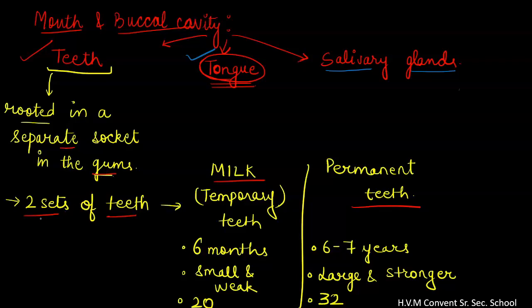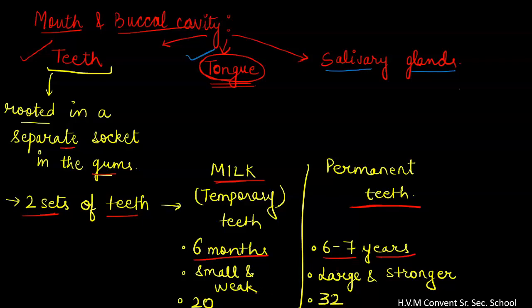And then we have two sets of teeth during our lifetime. Firstly we have milk teeth, which are the temporary teeth, and then we have permanent teeth. Milk teeth develop at around 6 months of age, whereas permanent teeth develop around 6 to 7 years of age.